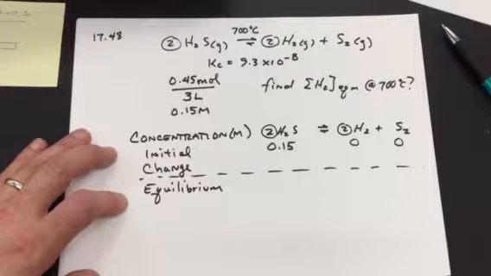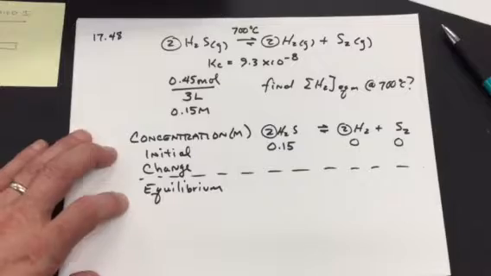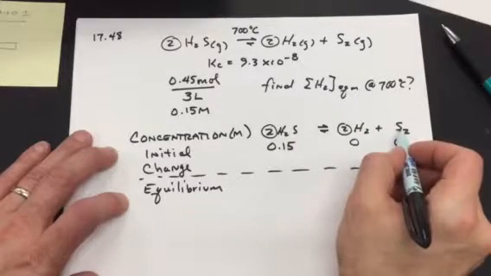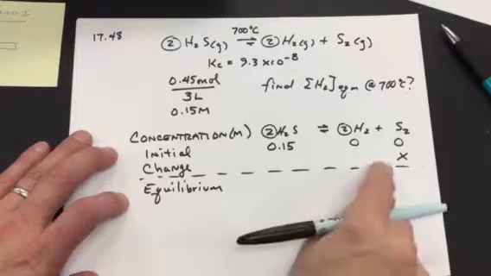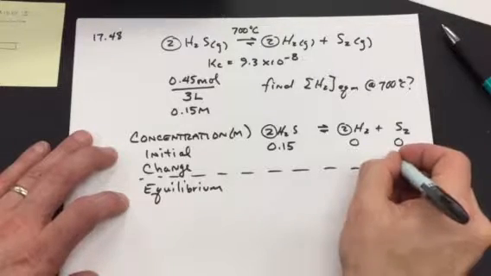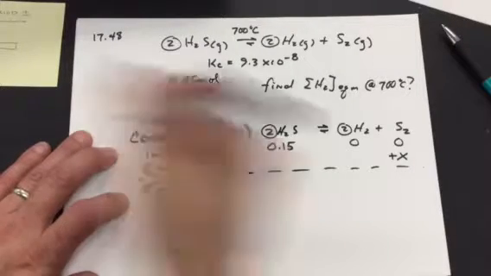Now, what's the change going to be? So the change we don't know. And anytime we don't know something, we're going to put an X with it, right? So I can see based on the stoichiometry, if I call S2 X, because it's a product, I'm going to get more of it. So I'm going to call that plus X. What about hydrogen? That is also an unknown.